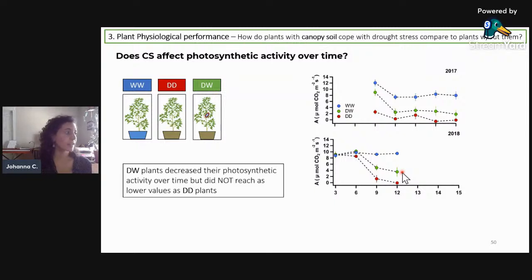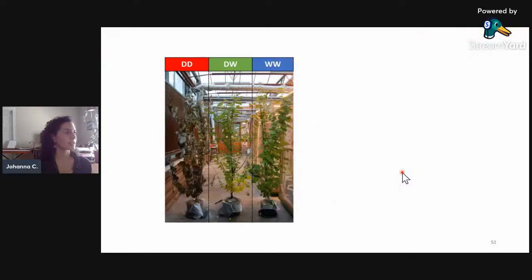So this only confirms that there is an impact of the Canopy Soil for the plants that have it, and if there are drought conditions, they could alleviate that stress condition. So this is a photo at the end of the experiment, and as you can see here, the completely dry plants, all their leaves are wilted.